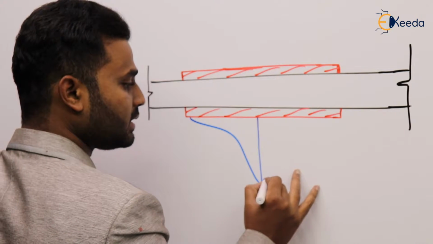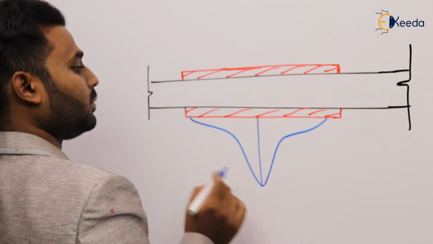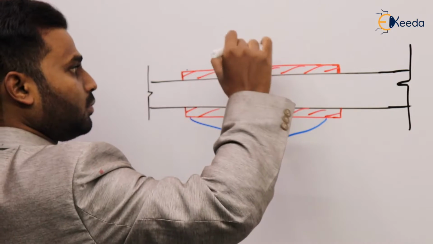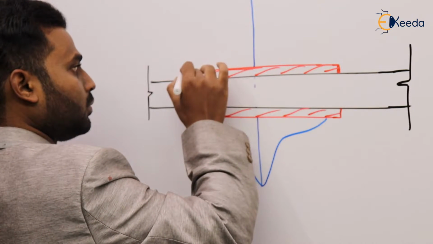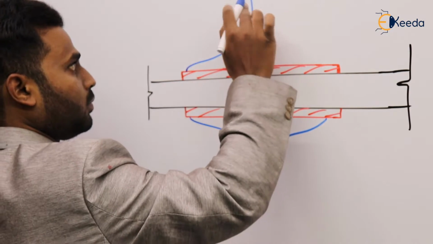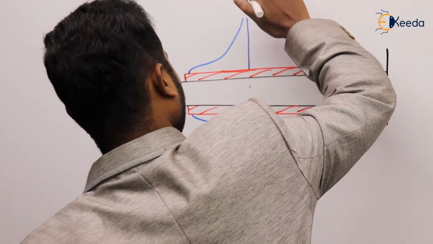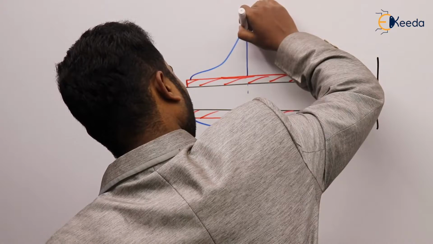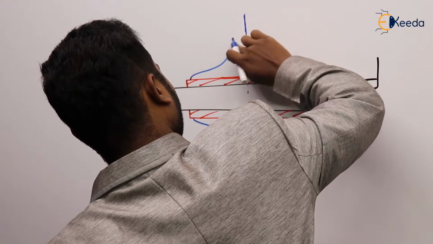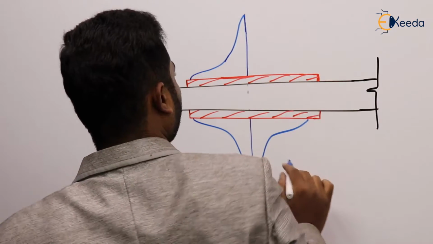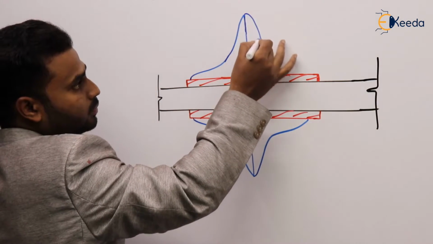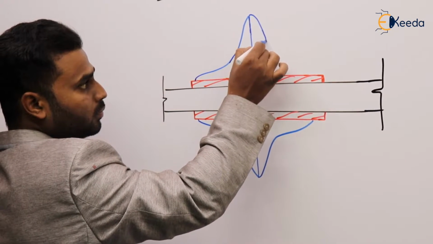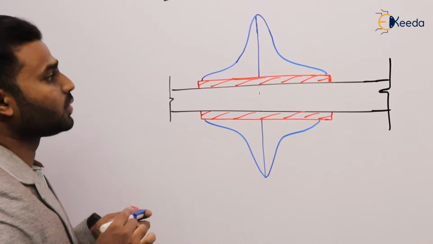So this is one angle and this is another angle. Okay, so these are the stiffeners.